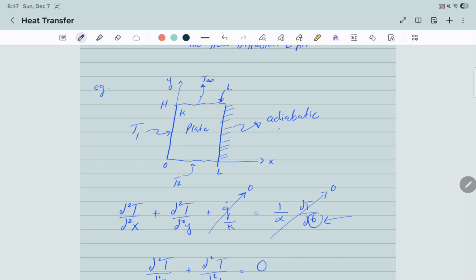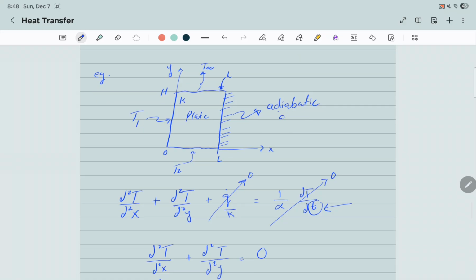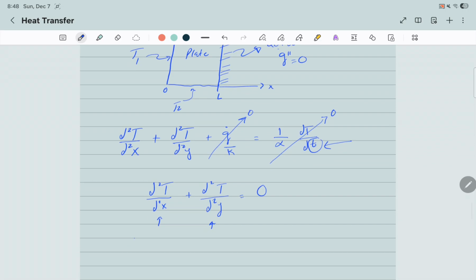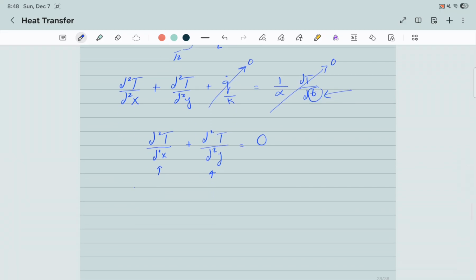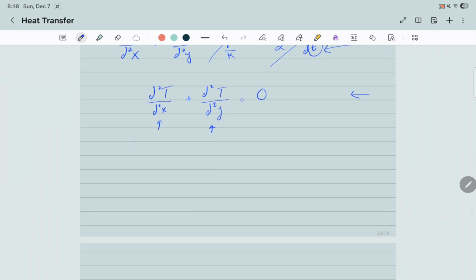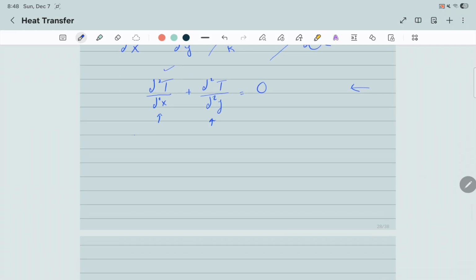So the heat flux q equals 0. That's the part that I did not add to the example. It doesn't affect the derivation here, but it does affect the boundary conditions. So we need 2 boundary conditions for the first term in terms of x, and 2 boundary conditions for the second term in terms of y.